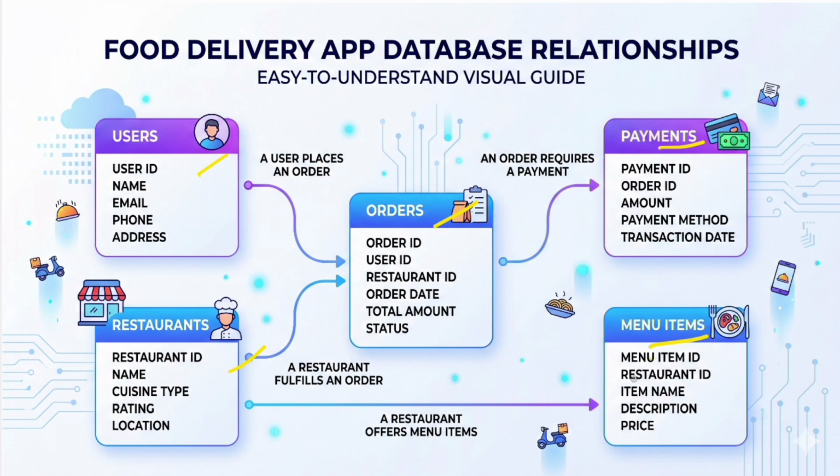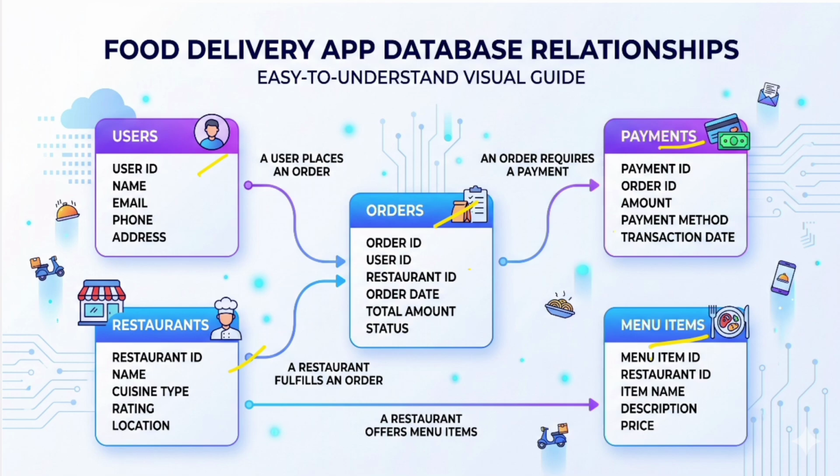The restaurant table is connected with the menu table, because one restaurant can have many food items. The restaurant table is also connected to the orders table because orders come from the restaurant. The order table is connected to the payments table because only if the payment is successful must the order proceed. These connections are called relationships.